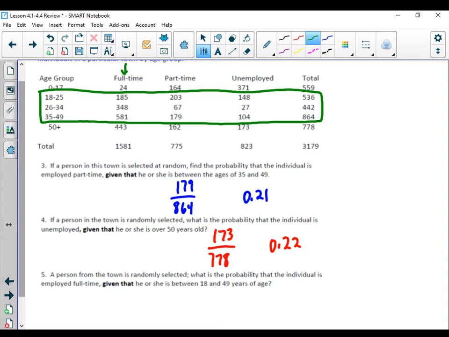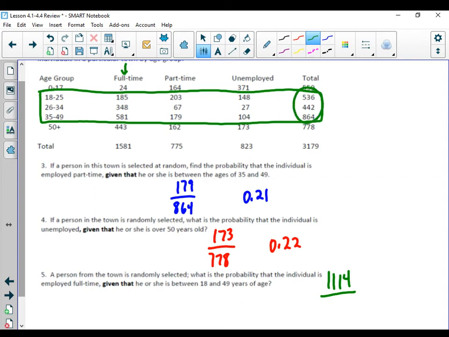So if I add those three totals in that column, the 185, the 348, the 581, I get 1,114. Out of, now I'm going to look at these three in my totals.